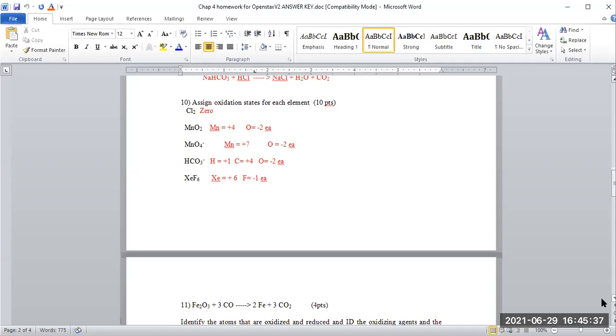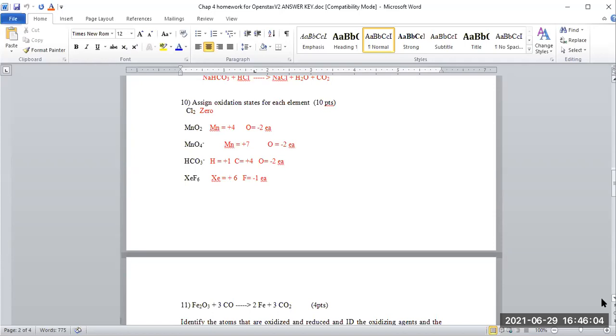Yeah, there's two atoms of it, but it's not stuck to any other elements. So I have 0 oxidation number. When I do MnO2, I need two answers to this problem because I have to have -2s for my oxygens. My manganese is +4.